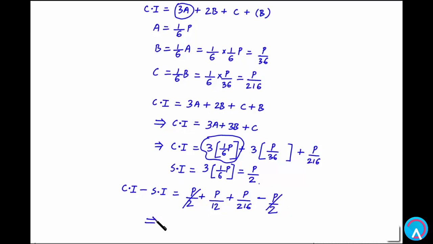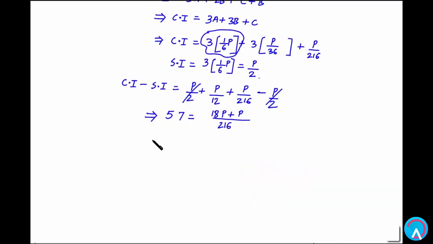This implies 57 is equal to, if you take the LCM of 12 and 216, we get this as 216, so this will become equal to 18p plus p.